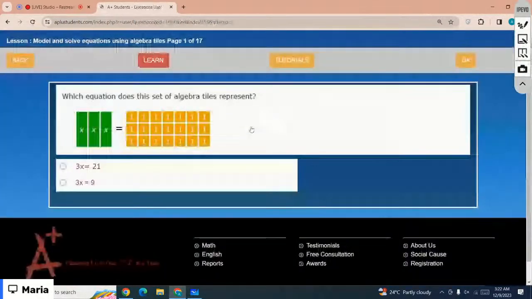Okay. Which equation does this set of algebra tiles represent? Which is the correct option?